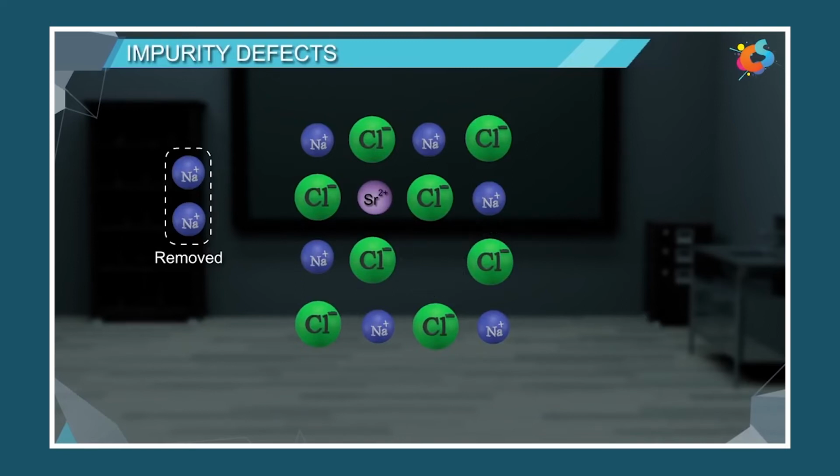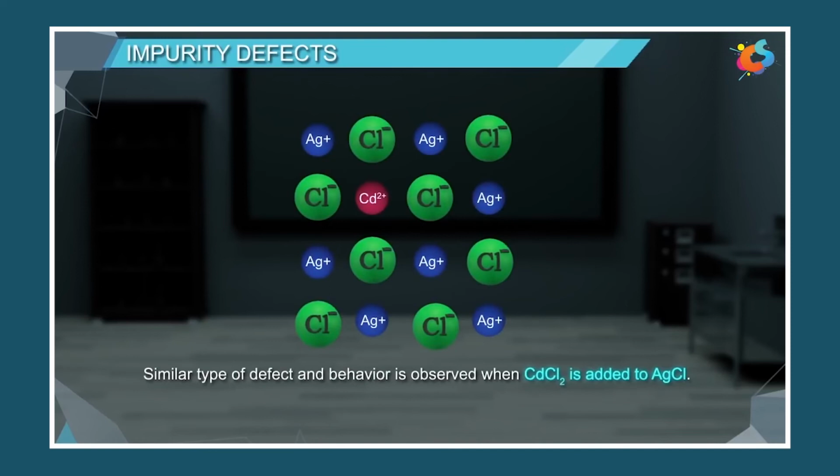The irregularity thus produced constitutes a substitutional impurity defect. Such substitution of lattice constituents by impurity ion often introduces semiconducting properties and color in the compounds.